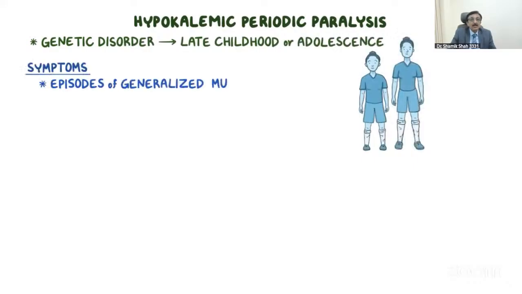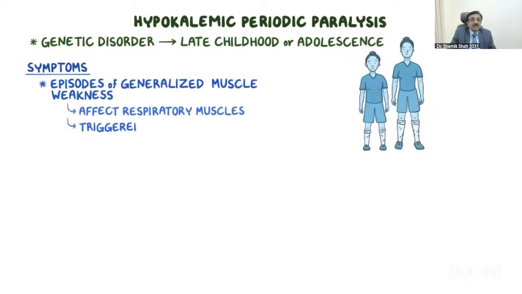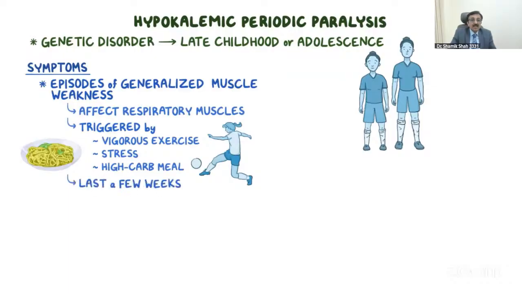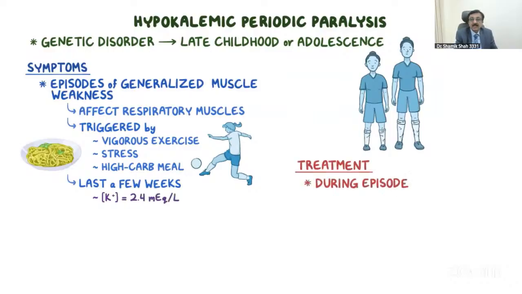Symptoms are usually episodes of generalized muscle weakness, which affect respiratory muscles, and it is triggered by vigorous exercise or stress or a high carbohydrate meal. And this lasts for a few weeks. Potassium, if we check, is generally around 2.4 milligrams per liter.